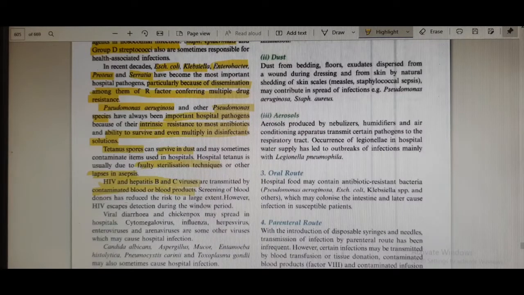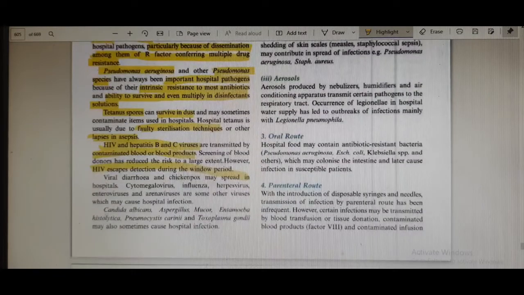However, HIV escapes detection during the window period. So sometimes, unfortunately, HIV might not be detected properly and the screening tests are not done properly, and at that time the HIV might be transmitted to non-HIV patients. So it is very important to look into the proper screening test.